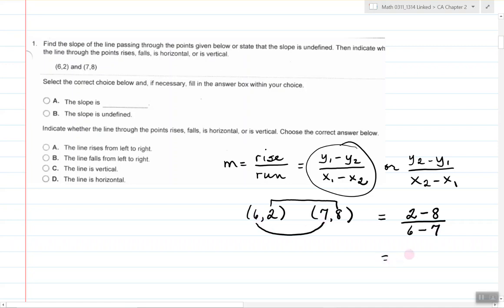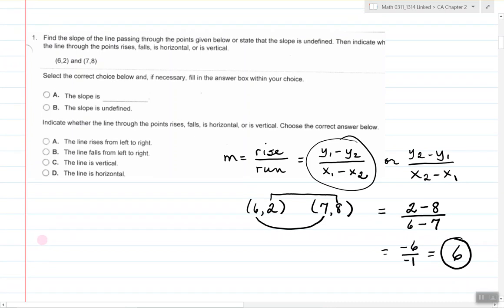That gives me negative 6 over negative 1, which reduces to 6. My math lab wants 6. It is important to remember that really is a ratio of 6 over 1. But if it's negative over negative, always change it to positive. So here, the slope is 6. Because that is a positive number, the line rises from left to right.